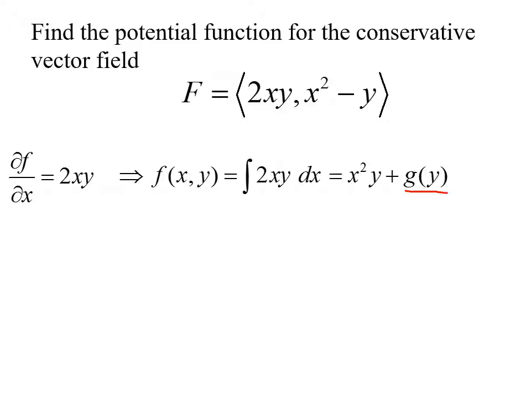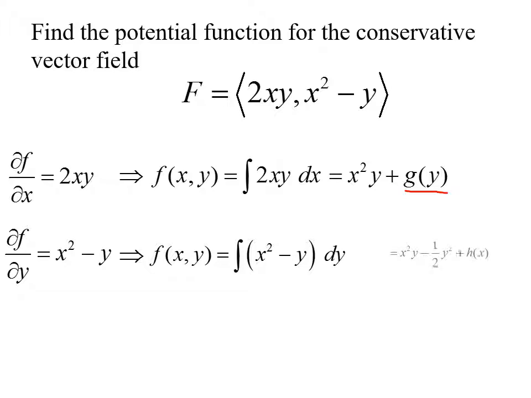We'll do the same thing with the second component. If we integrate the second component with respect to y, we can recover some of our potential function. But again, there's some of it that we can't recover.